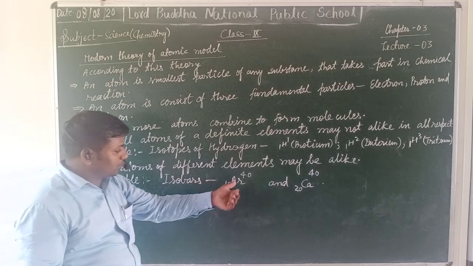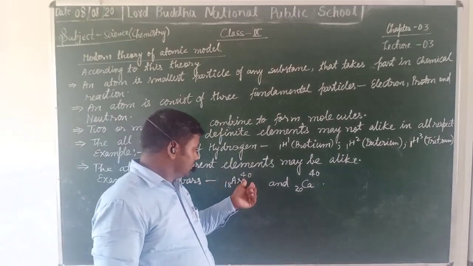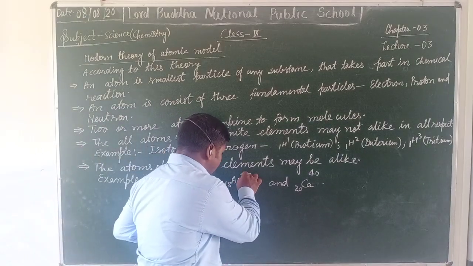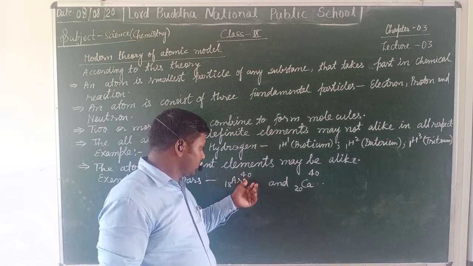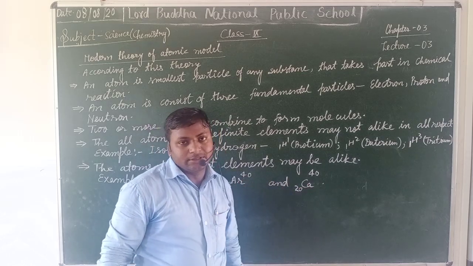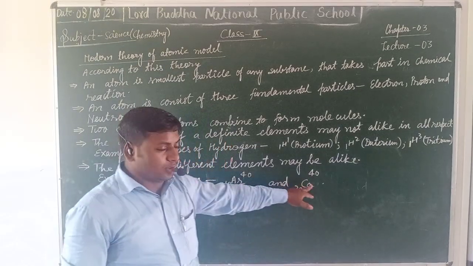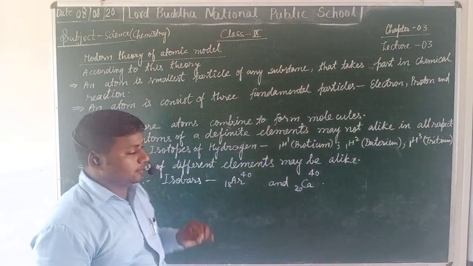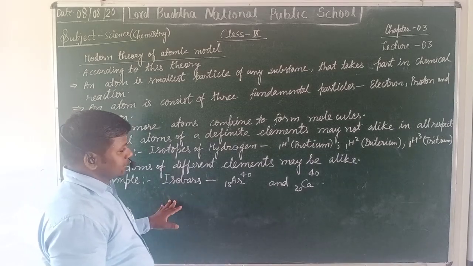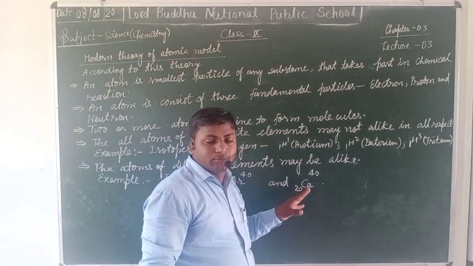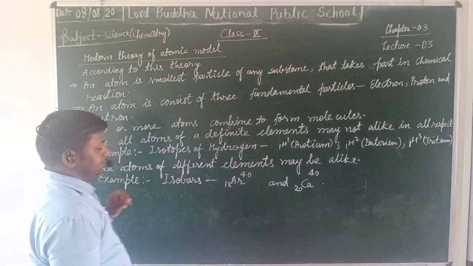Here, students, the number of protons and neutrons may be similar and their mass number is equal, so that their atoms may perform similar characteristics.